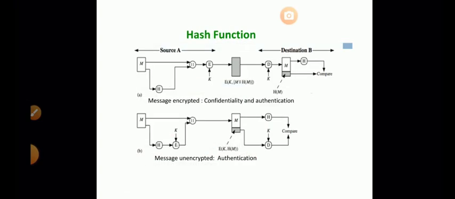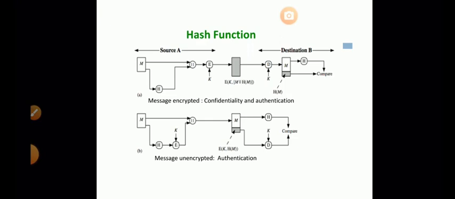And the hash function can also give confidentiality and authentication. How we achieve confidentiality and authentication with the help of encryption and the hash function is explained in this diagram. For the message, first you find the hash function, combine the message and the hash function, and encrypt that with the key k, so that the encrypted message consists of the message as well as the hash value. Then that is given to the receiver side. On the receiver side, we perform decryption.